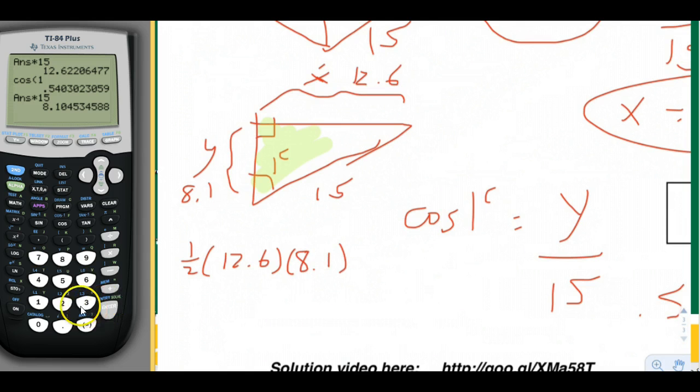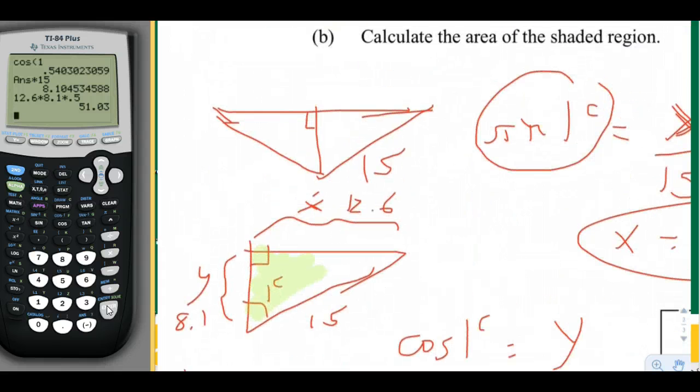Okay, so let's see, that would be 12.6 times 8.1 times 0.5. 51.03. But remember, we have two of these triangles.